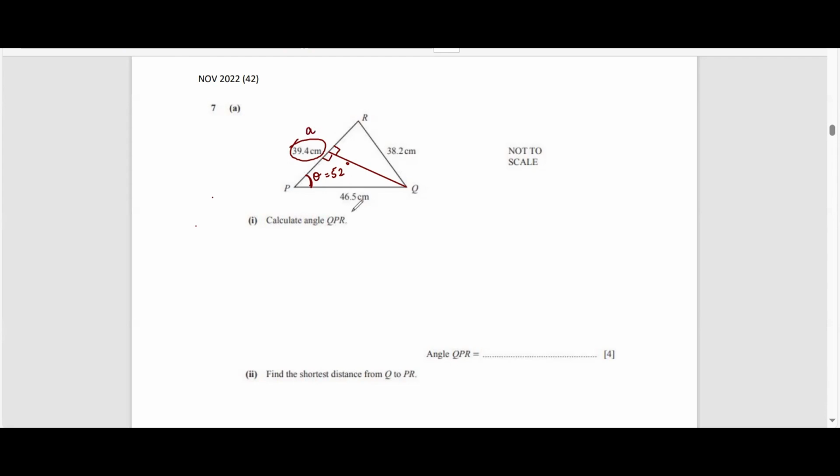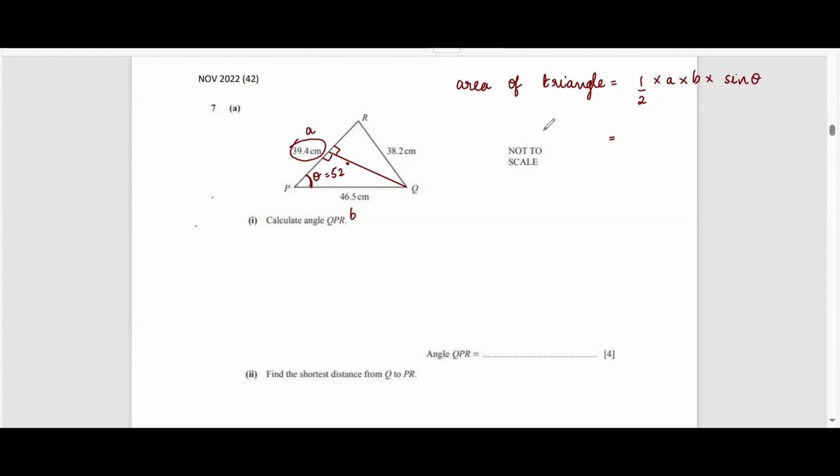So I'll take this as A and this is B, and we have theta. We have two sides, that is A and B, 39.4 and 46.5. And we have the angle connecting them, the included angle, also given there as 52 degrees. In that case, the area of triangle formula in trigonometry is half of A into B into sine theta.